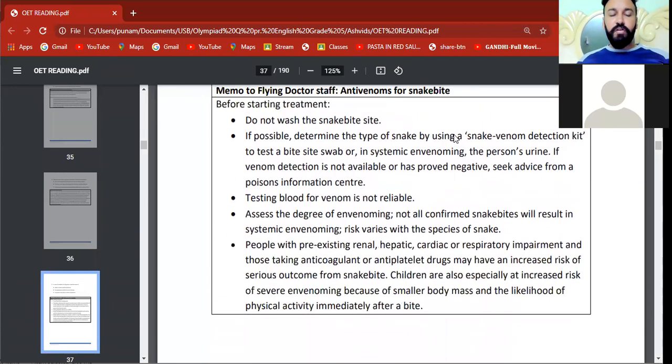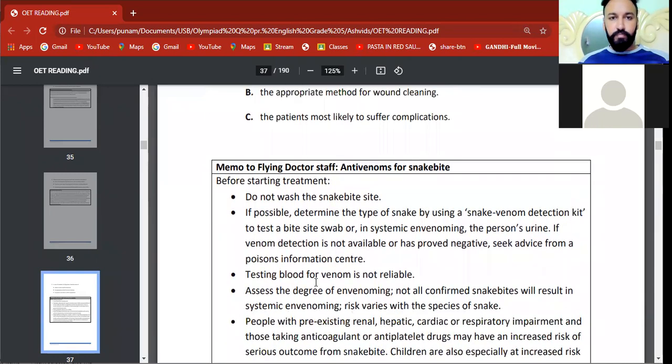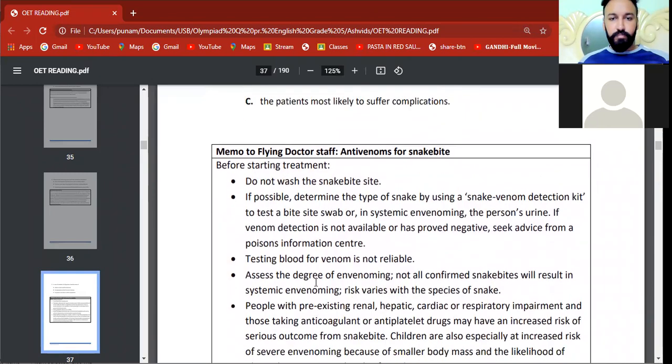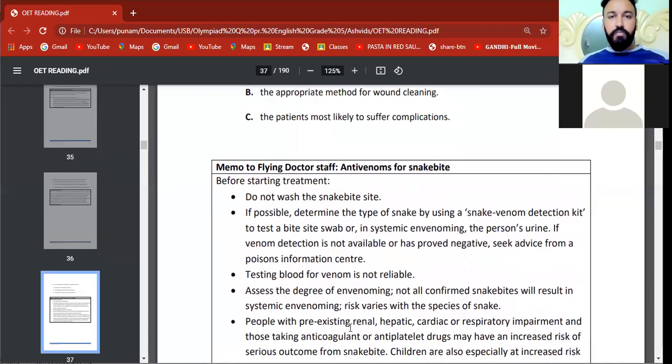Now let's go for the last part. People with pre-existing renal, hepatic, cardiac, or respiratory impairment and those taking anticoagulant or antiplatelet drugs may have an increased risk of serious outcome from snake bite. So the third one, patients most likely to suffer complications.